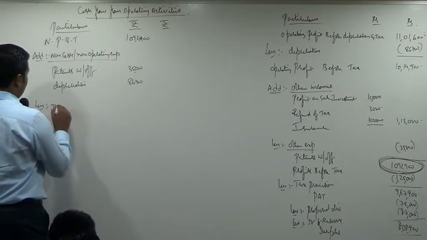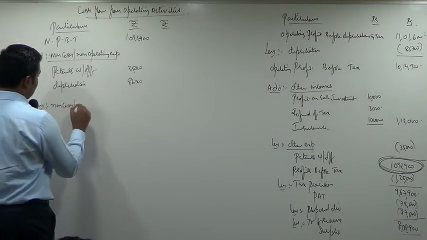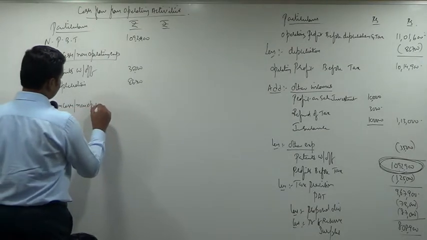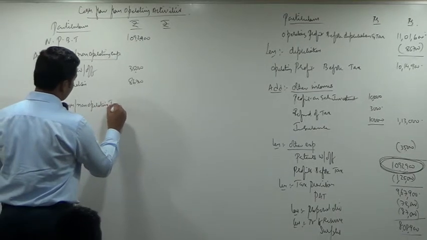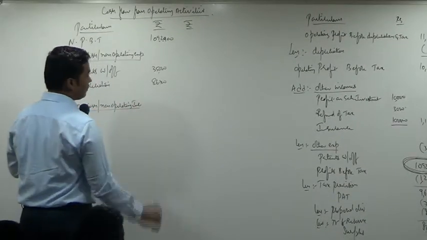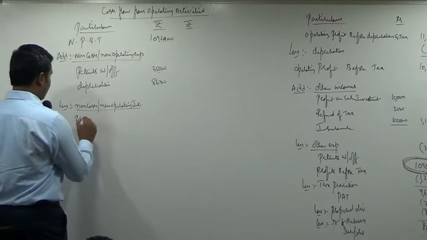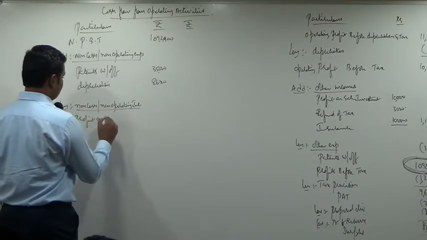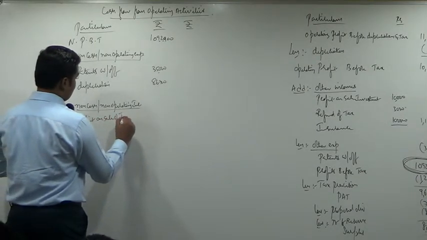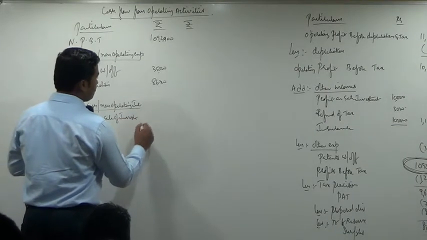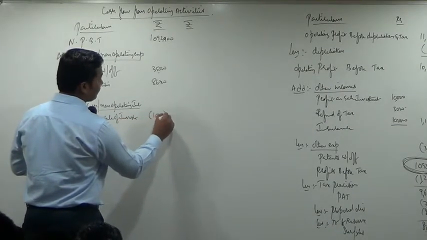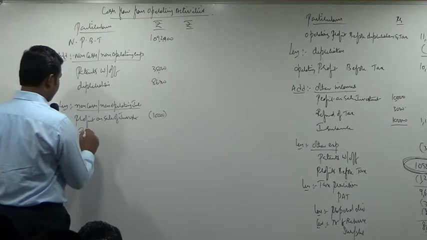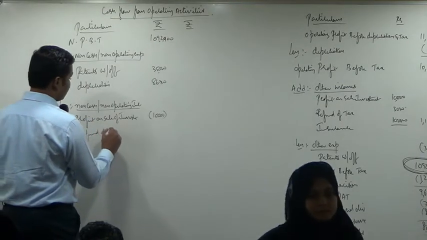Less non-cash, non-operating incomes. Profit on sale of investment. Refund of tax.